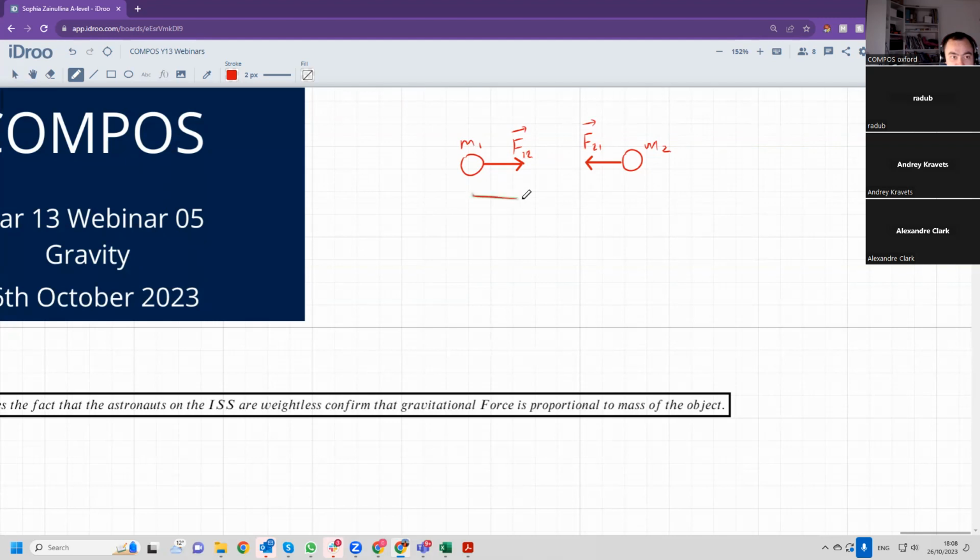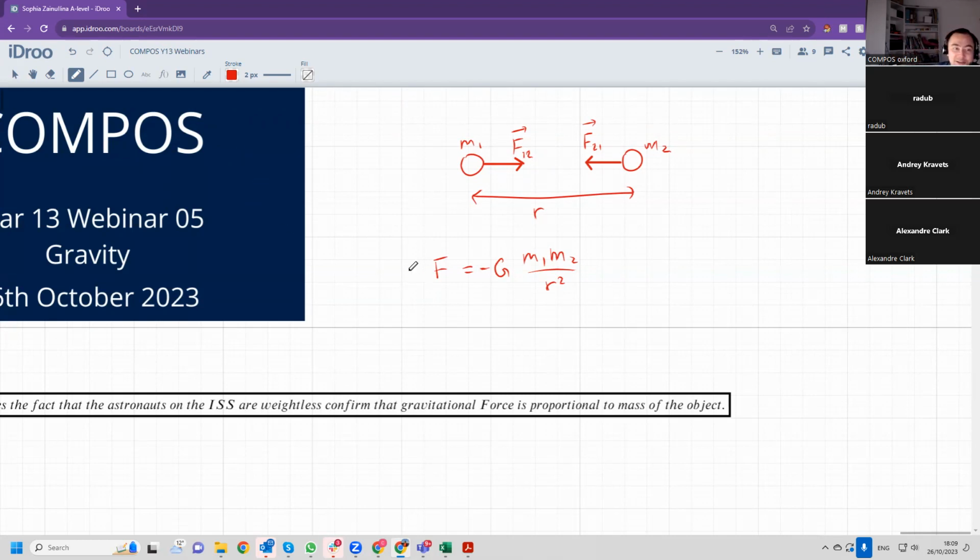If the distance between the centers of the objects is r, then the force is equal to minus G m1 m2 divided by r squared. The minus simply means that the force is acting in such a way as to decrease the distance between the objects.